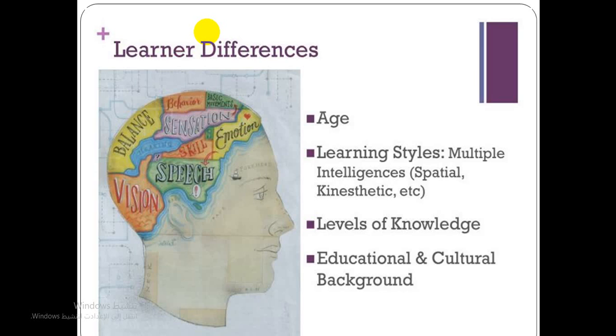Differences among students are not only in terms of their age and level, but also in terms of different individual abilities, knowledge, and preferences. Here, inshallah, we'll discuss some of these differences, such as age, learning styles, levels of knowledge, educational and cultural background.